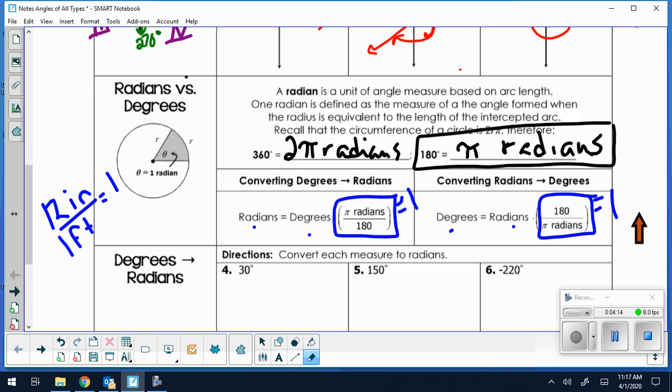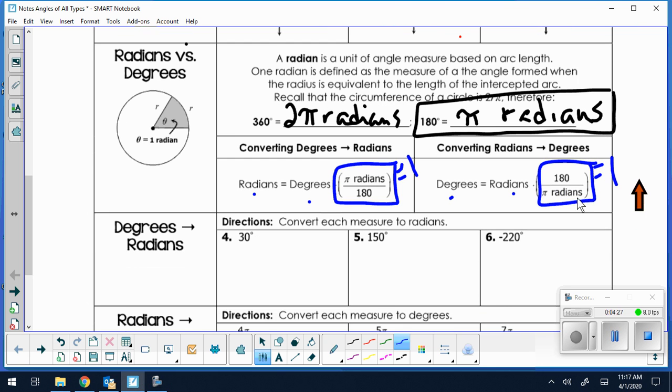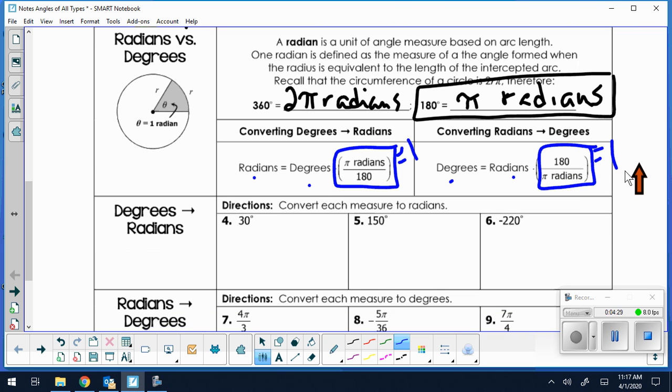So that's why I'm able to multiply by 180 over pi, or pi over 180. Now, I don't like to have to think about degrees to radians, I multiply by this, radians to degrees I multiply by this. So what I'm going to do, I am always going to try and cancel the units that are there and end up with the units that I want.